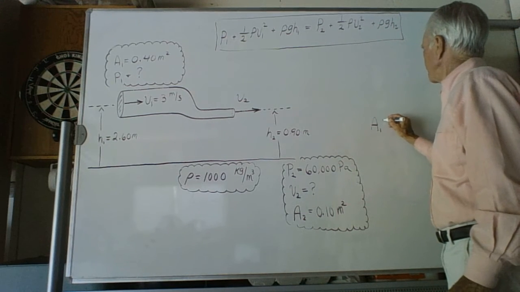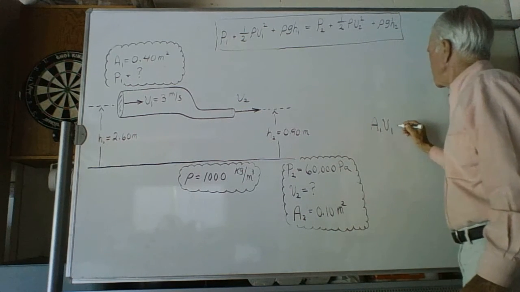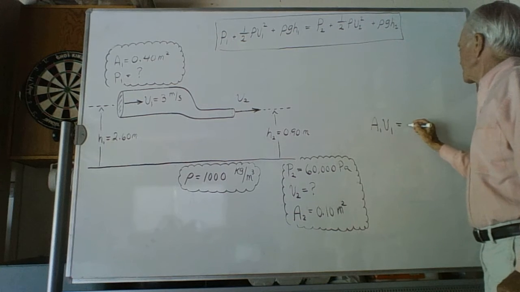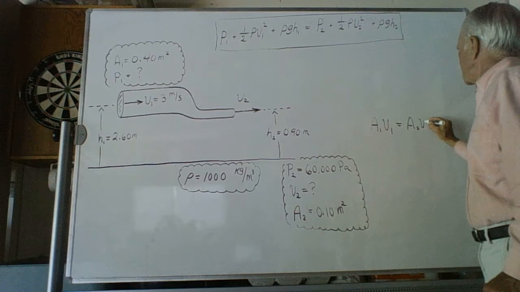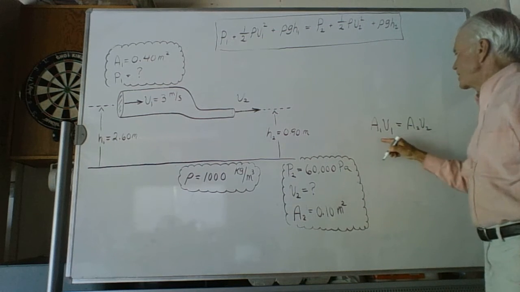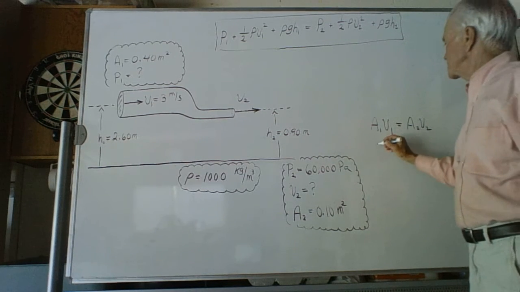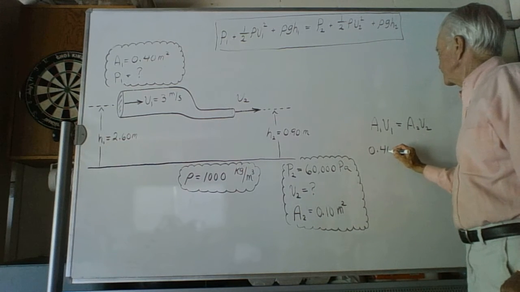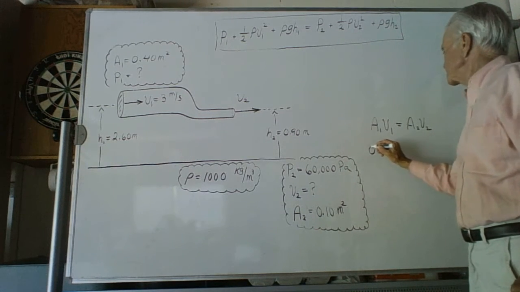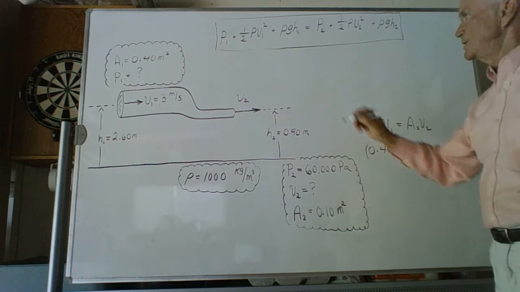A1 times V1 equals A2 times V2. A1 is 0.40, drop the units. V1 is 3.